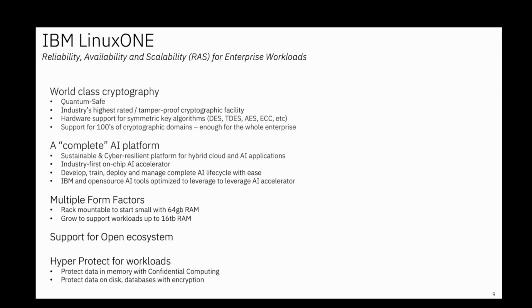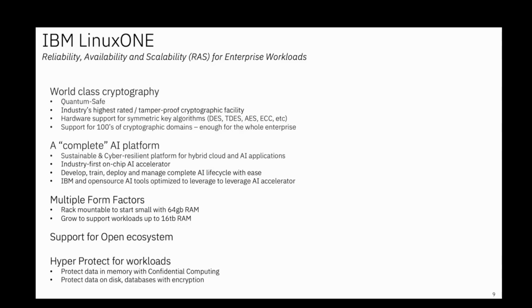And when you talk about a complete AI platform, the LinuxONE also has the industry's first on-chip AI accelerator. So you can run your AI applications that much faster on the LinuxONE compared to any other platform. It comes in multiple form factors. The smallest one could be a rack mountable one, which is just 64 gigabytes of RAM, and it grows up to 16 terabytes of RAM.